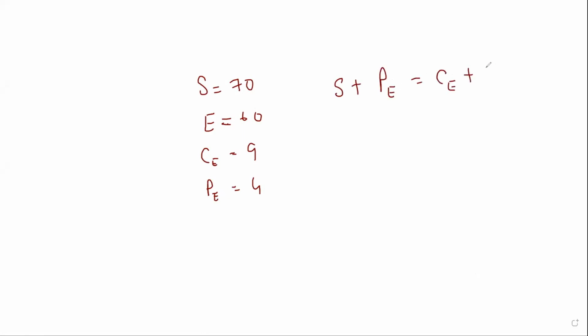C plus E to the power minus R into time, right? Correct? Now look at your left hand side. What is your left hand side here? It's simply 74, right?